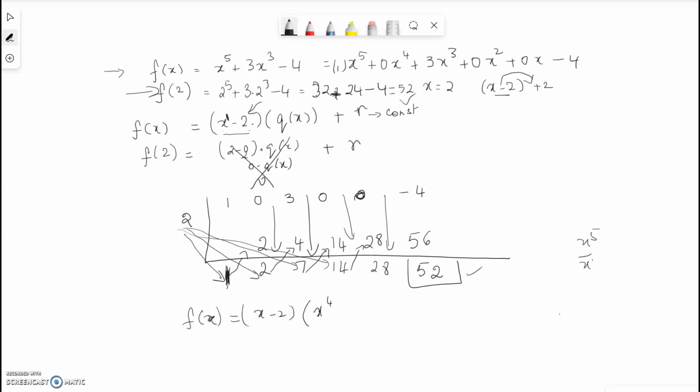It has to be 1 degree less, so plus 2x cubed plus 7x squared plus 14x plus 28.